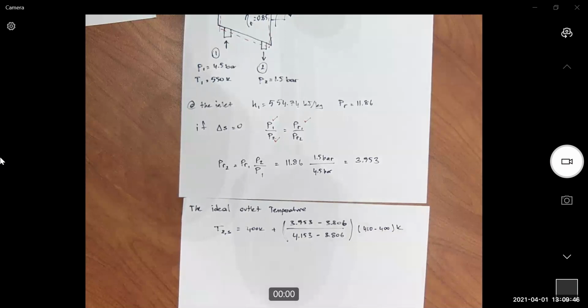Okay, did you see? Ideal temperature at the outlet, T2S, will be equal to 404.24 Kelvin.